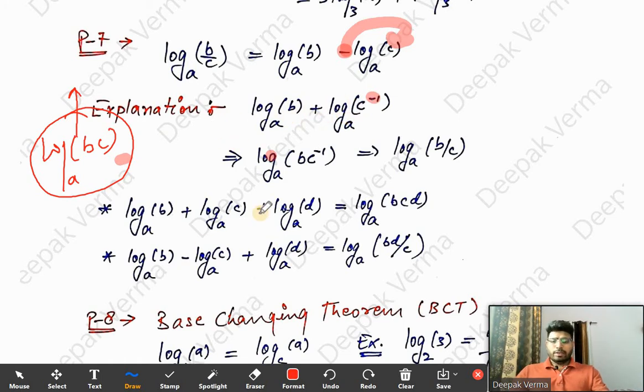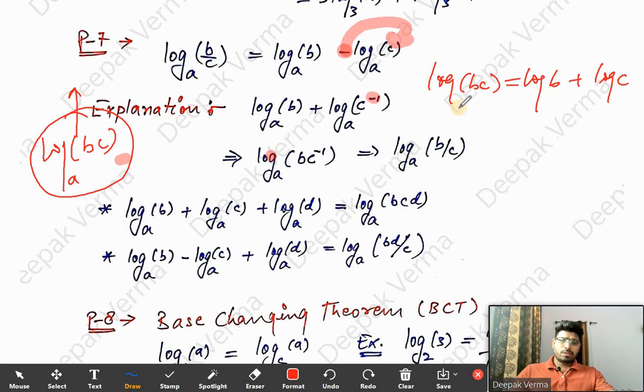if we go in the opposite direction, if we write this property, log b into c, this will be written like log b plus log c with base a both sides. So log b into c is this. If we go in backward direction, vice versa, this is also true.